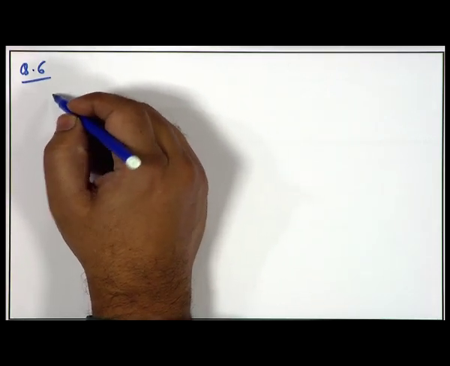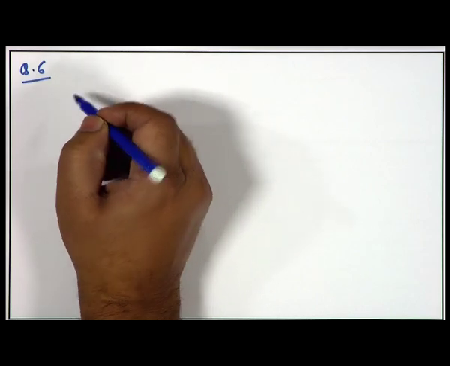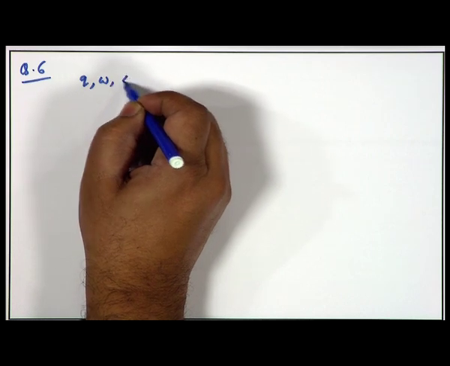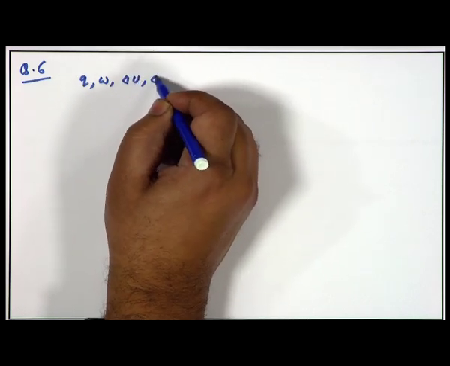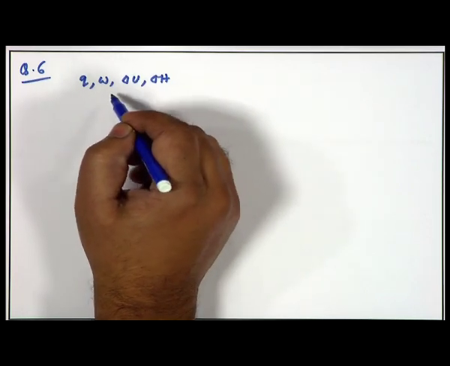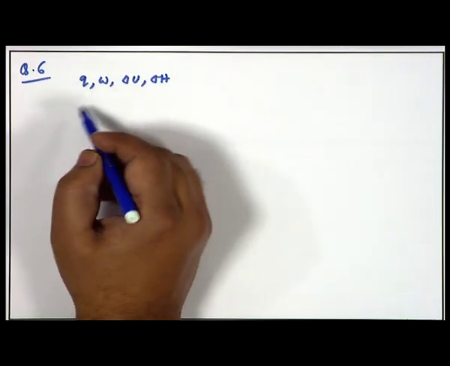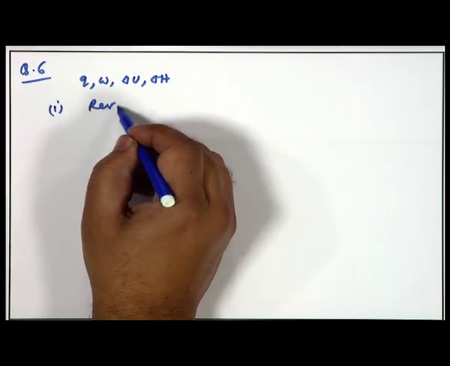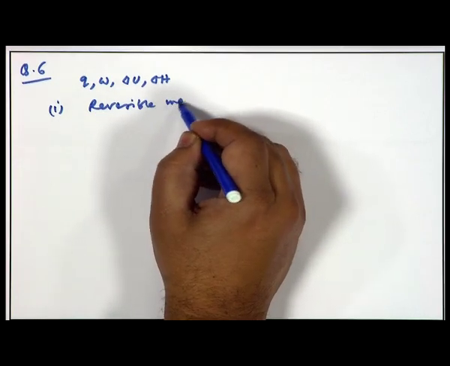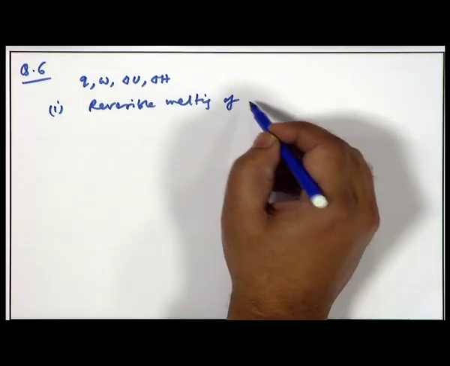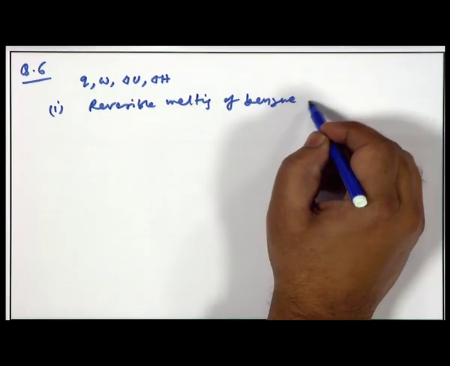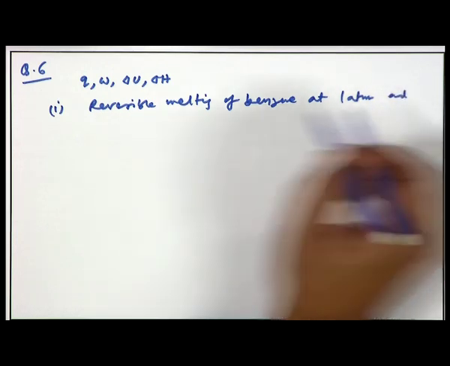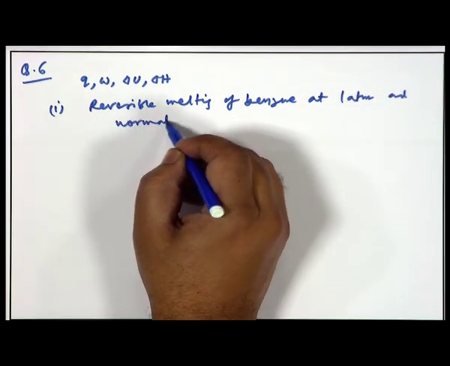For each of the following processes, I will write the process and you have to tell me the sign of q, w, del U and del H. So, first would be reversible melting of benzene at 1 atmospheric pressure and normal melting point.